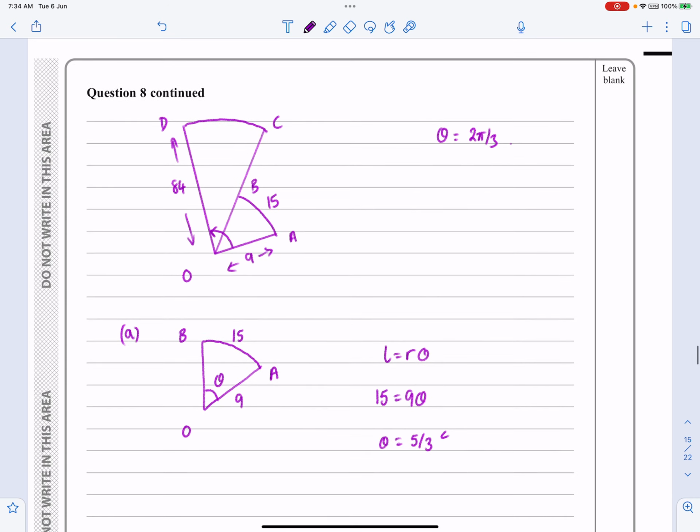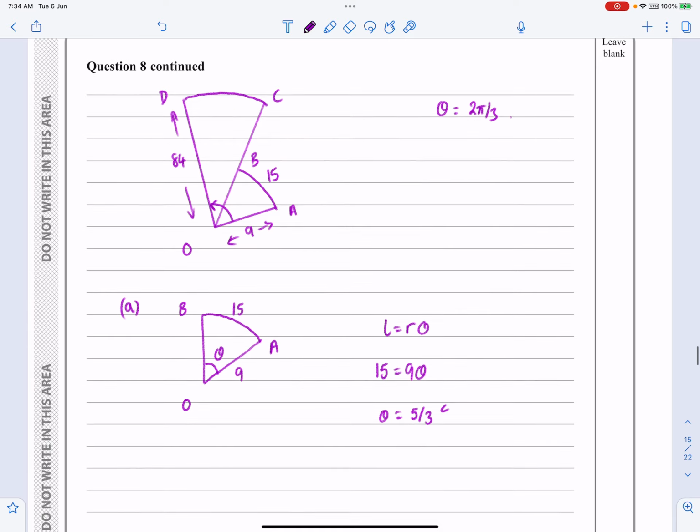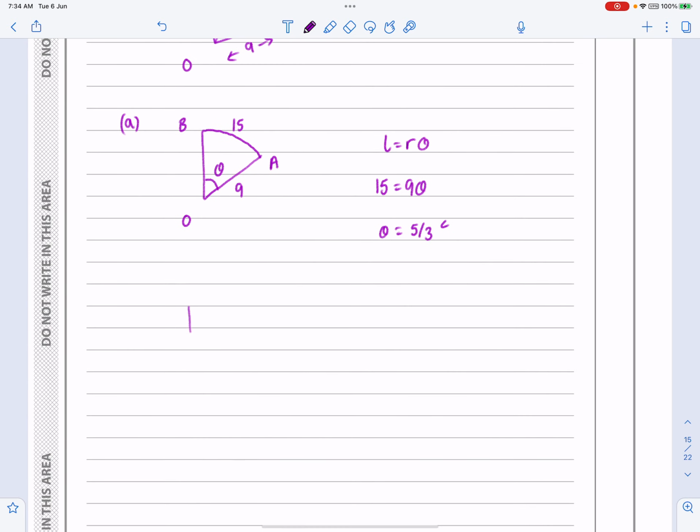So if I now look at my next sector, and again I'm going to draw it out, the CD sector this time, where this time I've got OCD. Let's just call this alpha for a second, just so that I can distinguish between them. 84 there.